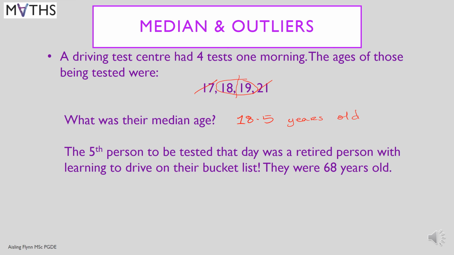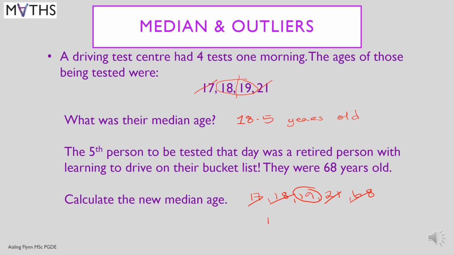Okay, on comes our retiree, who's 68 years old. Let's calculate the new median age. So let's do a new ranking. Okay, we have 17, 18, 19, 21 and 68. So one from the bottom, one from the top, one from the bottom, one from the top. So in the middle, the median age is 19 years old.